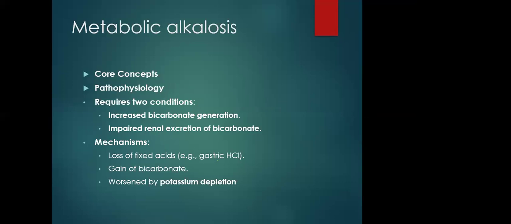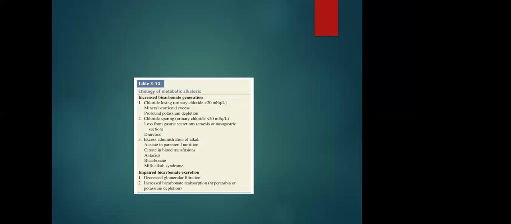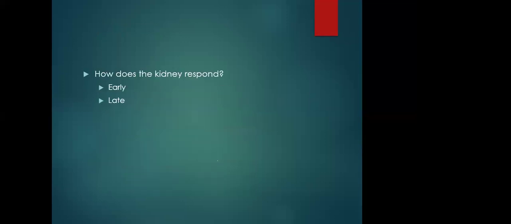And the mechanisms are loss of fixed acids like gastric HCl, or a gain in bicarbonate, and this can be worsened by potassium depletion. And these causes are available in the book of Schwartz. You can go and review them slowly one after another if you want to really learn about causes of metabolic alkalosis.